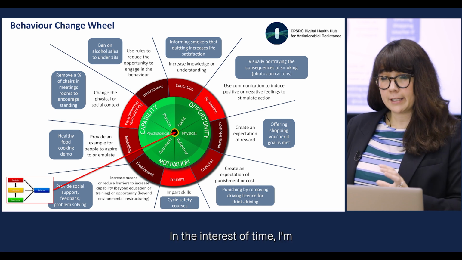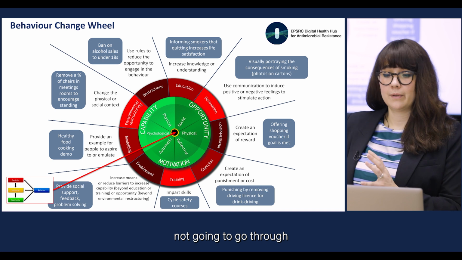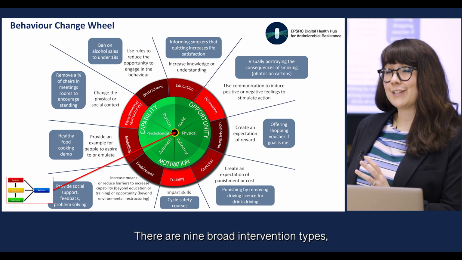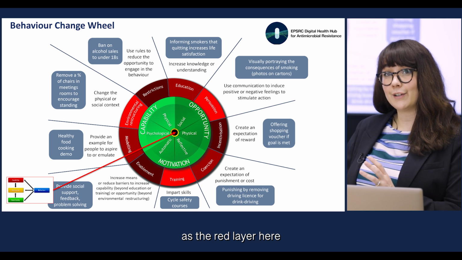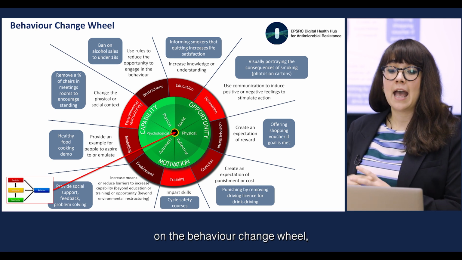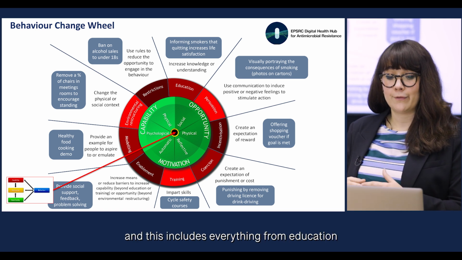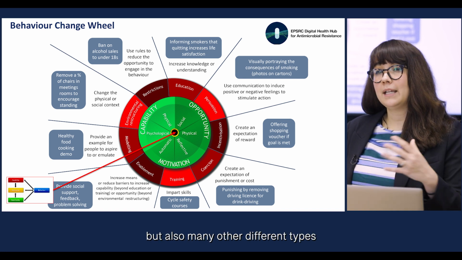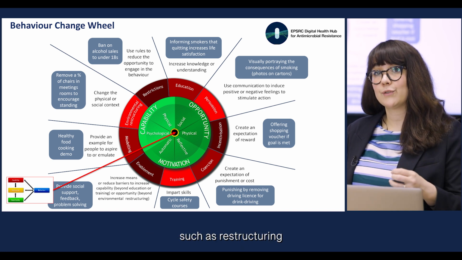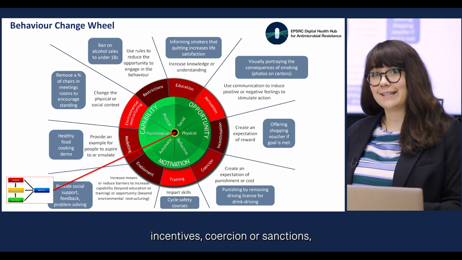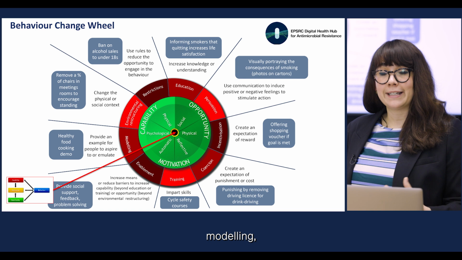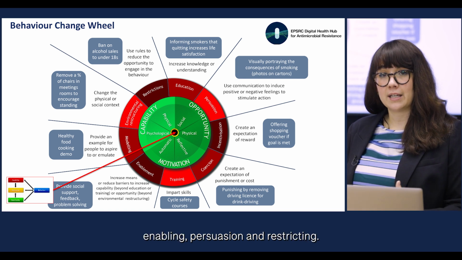In the interest of time, I'm not going to go through all of the different intervention types. There are 9 broad intervention types, which you can see as the red layer here on the behavior change wheel. And this includes everything from education and training to increase knowledge and skills, but also many other different types of strategies, such as restructuring the physical environment, incentives, coercion or sanctions, modeling, enabling, persuasion, and restricting.